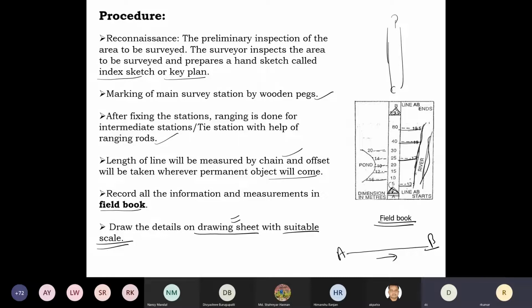There is a procedure to hold the ranging rod and a signaling structure, but the two endpoints are fixed. Only the intermittent locations where three more ranging rods are located are adjusted to make them fall on the straight path AB. Once they are aligned and the intermittent locations are fixed, you take the linear measurements using the chain.